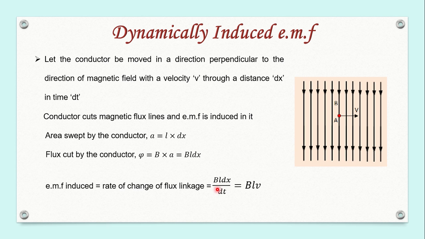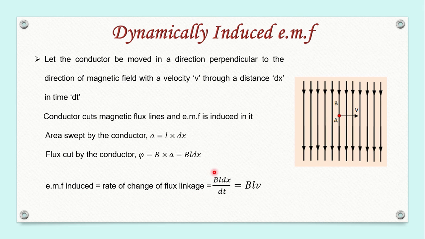Okay. So the conductor moves through a distance dx in time dt. So we need the flux linking with the conductor during this time dt. When we divide the flux by time, we will get the value of induced EMF, because induced EMF is the rate of change of flux linkage, that is flux linkage divided by time.